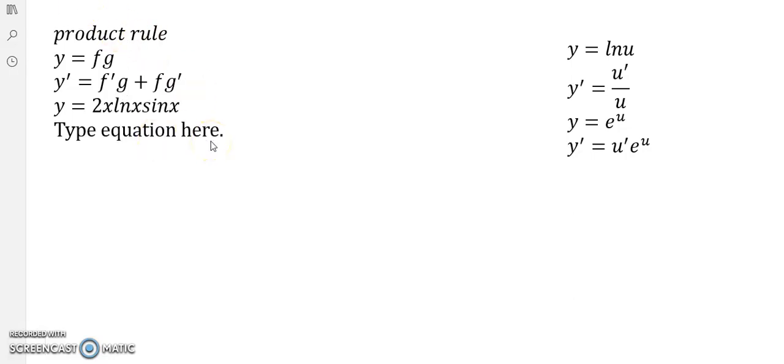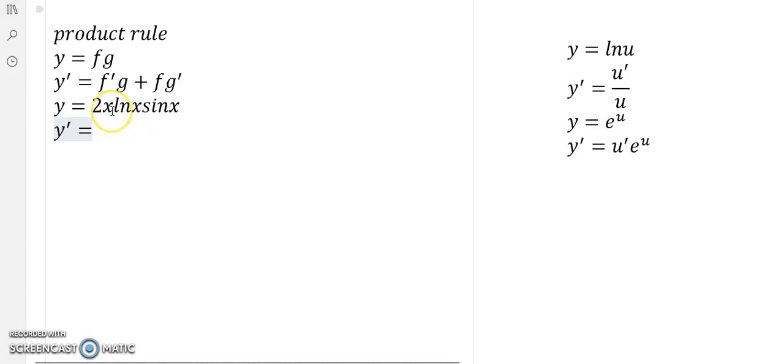What if we have more than 2 functions that are multiplying each other? Then to derivate this one, we're gonna do it like this: y prime equal to, we will derivate the first function keeping the other constant. Then the derivative of 2x is nothing but 2.